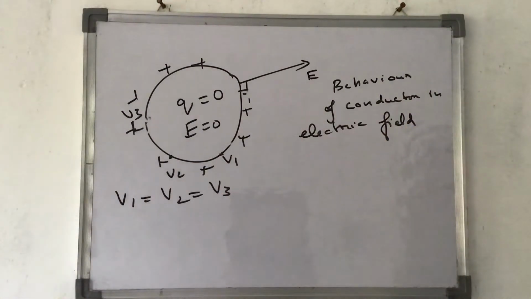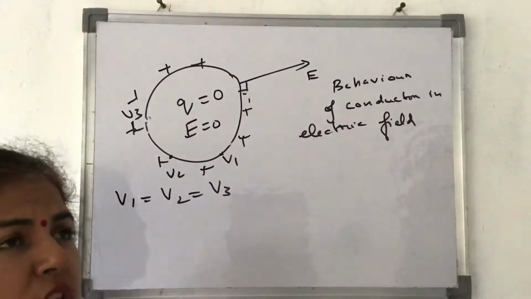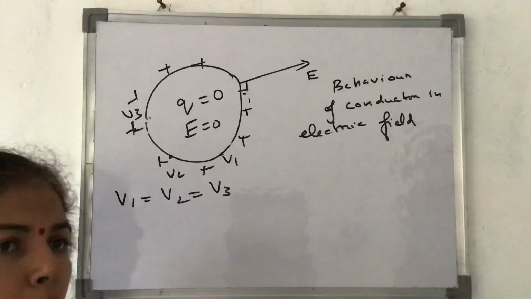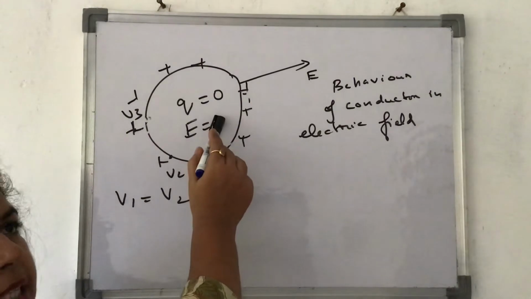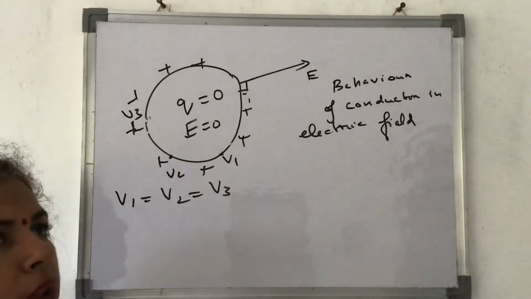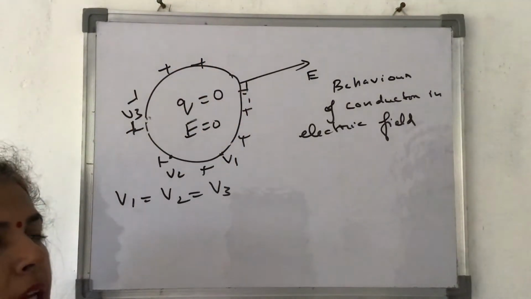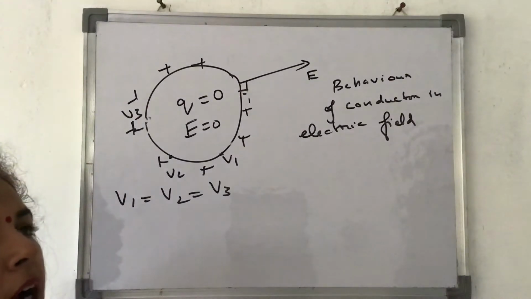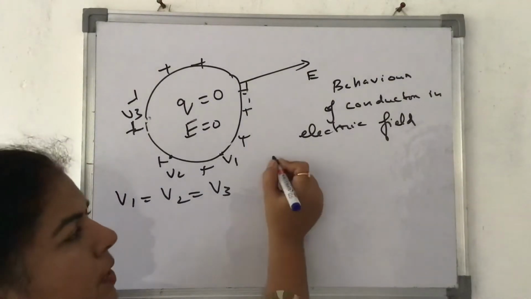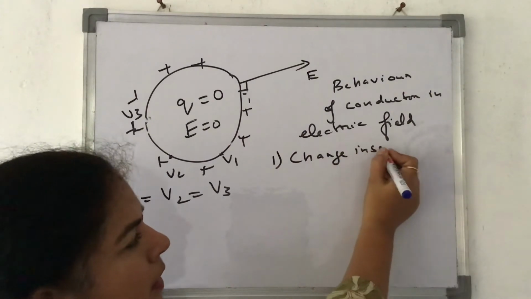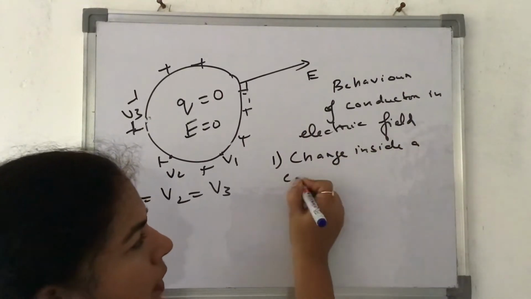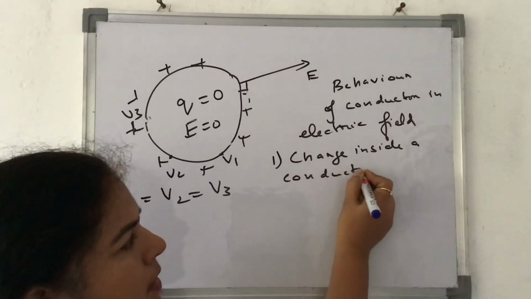The very first property: whenever you charge any conductor, whether it's a hollow conductor or a solid conductor, no charge will reside inside. The entire charge will come on the surface. So the charge inside a conductor is 0.